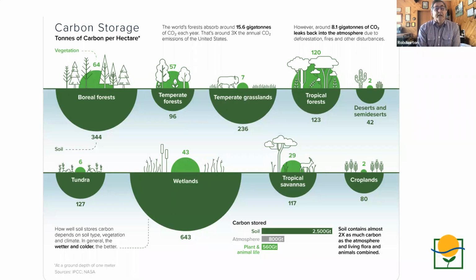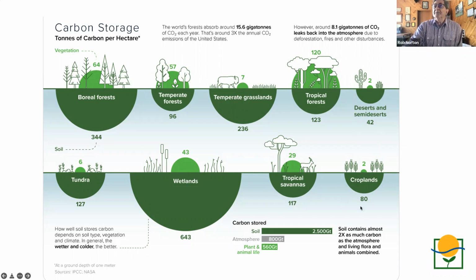They're places where carbon enters the system from plants, but it's too wet and too cold for it to be oxidised back. Whereas when we go to something like a desert, for a start, everything's water limited. There's not much plant growth. And so the input and the potential storage in deserts and semi-deserts is low.